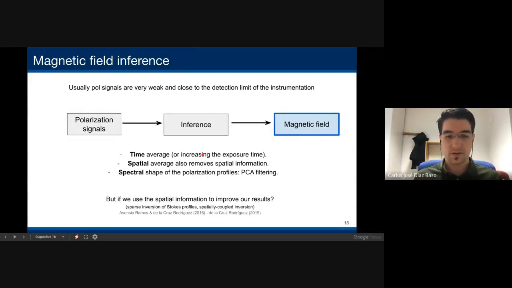These are many ways to introduce this information of the spatial correlation.